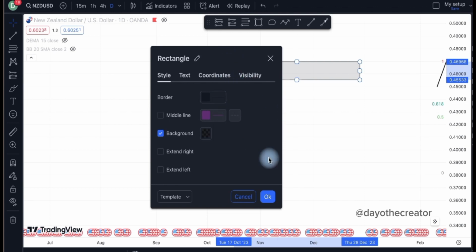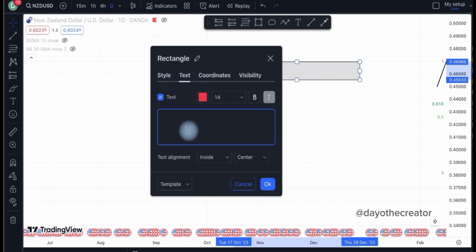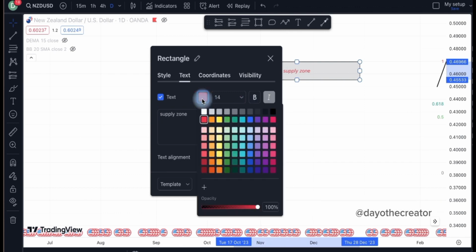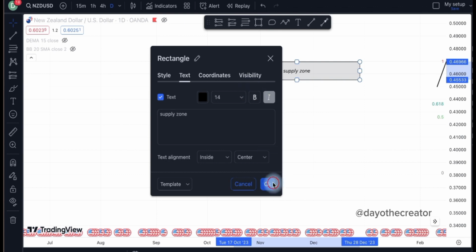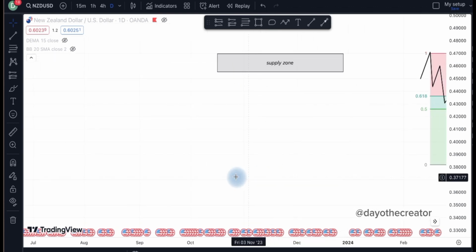So for example, this is our supply area. Let's name it supply zone. Let me make it black color. Supply zone, and this is the demand.